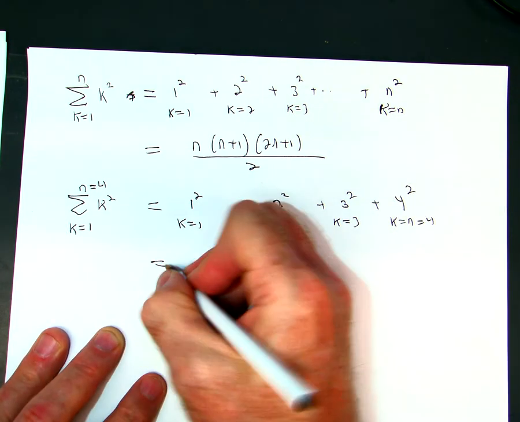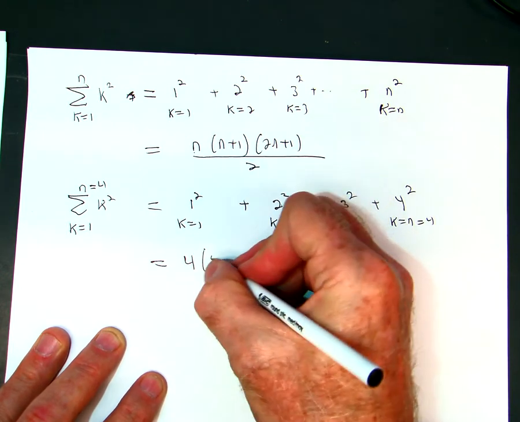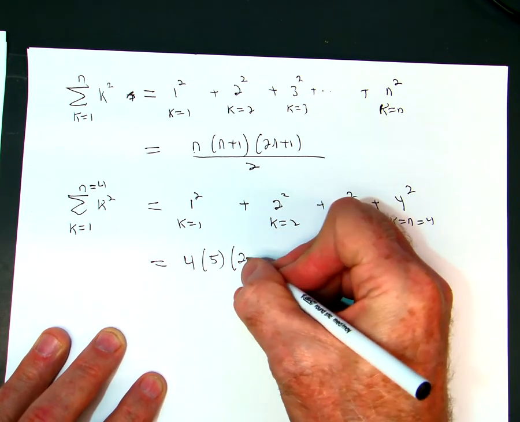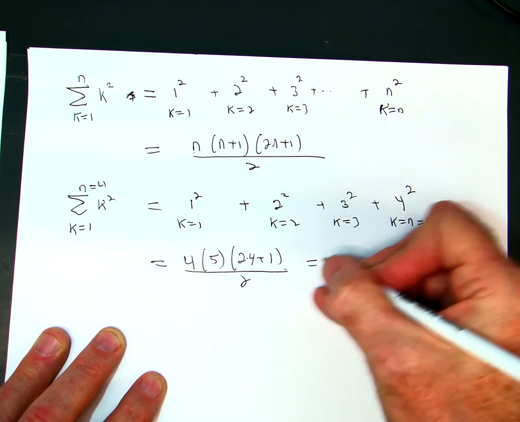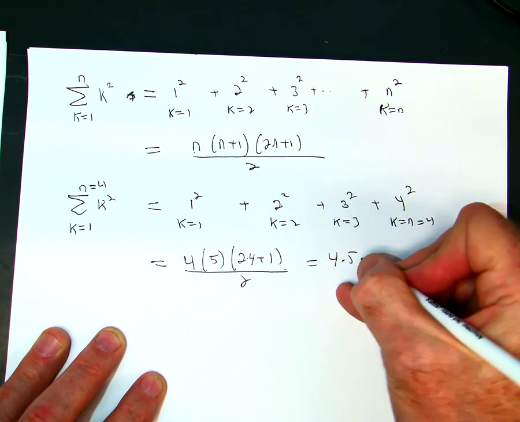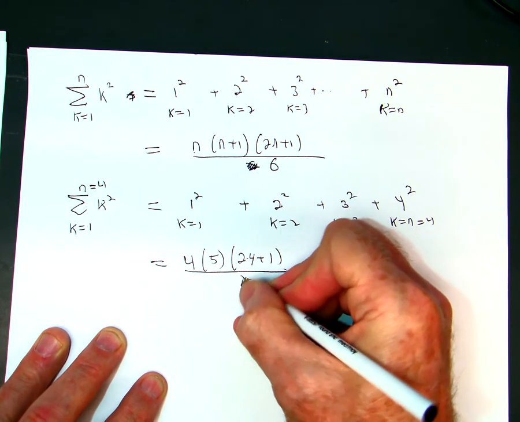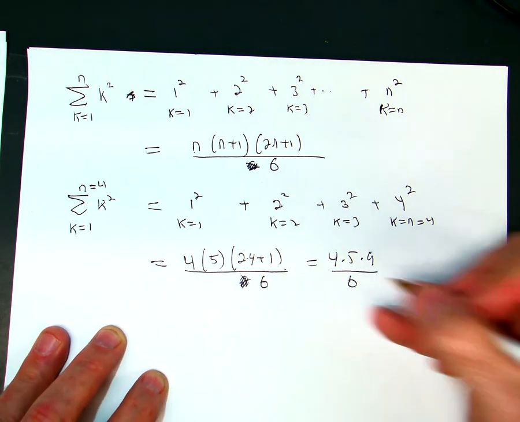Now I'll use the formula. I get n, 4, times 4 plus 1, which is 5, times 2 times 4 plus 1, which is going to be 9, equals 4 times 5 times 9. Oops, sorry, big mistake. That's over 6. Sorry, that formula is over 6. All over 6.